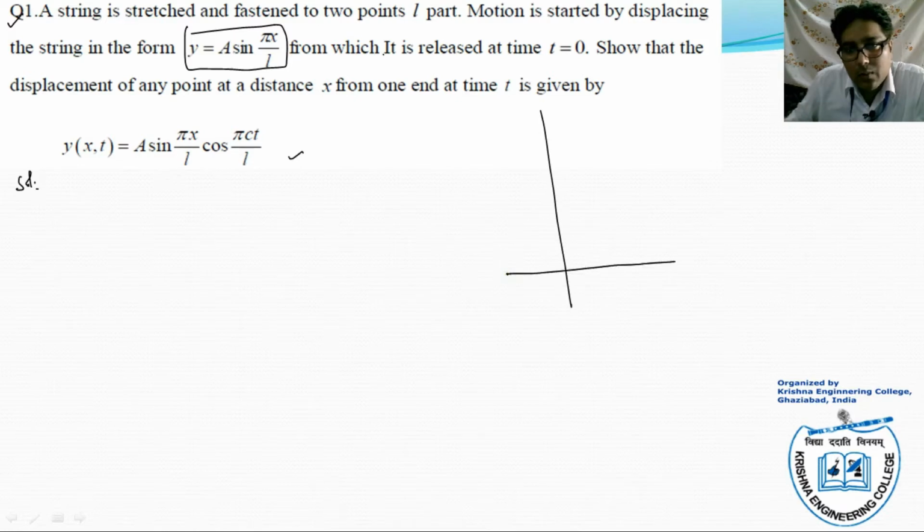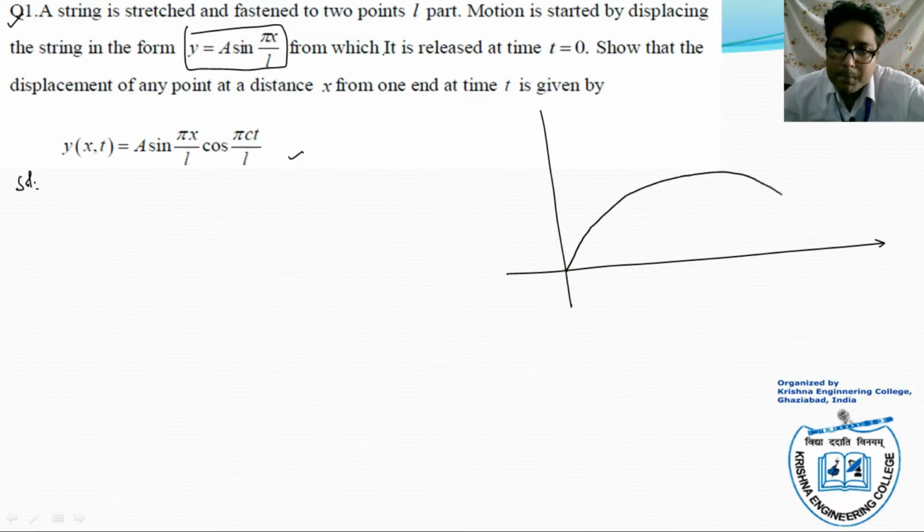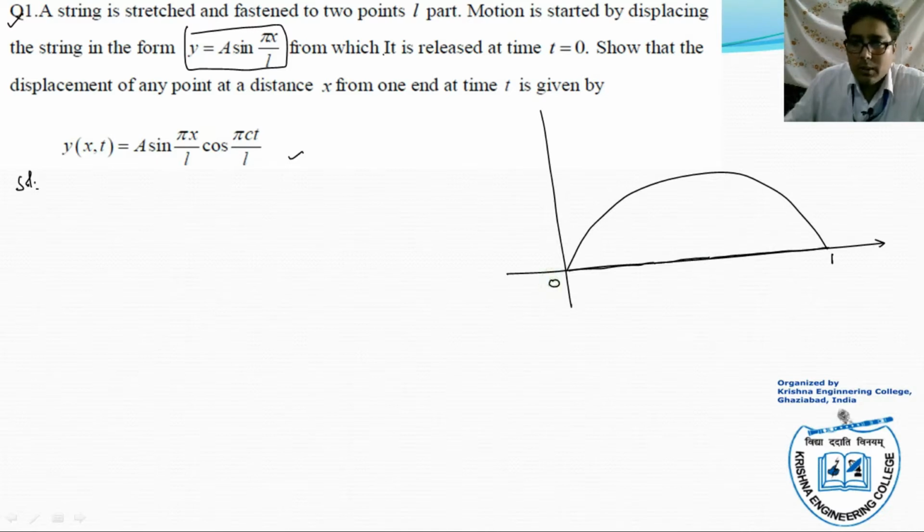Now we draw a diagram for this. This is the string, inextensible string, which is laid down on the x-axis. Clear? This is the end O, this is the other end A. The length of string is L, so at this point x is equal to 0 and at this point x is equal to L. Clear?